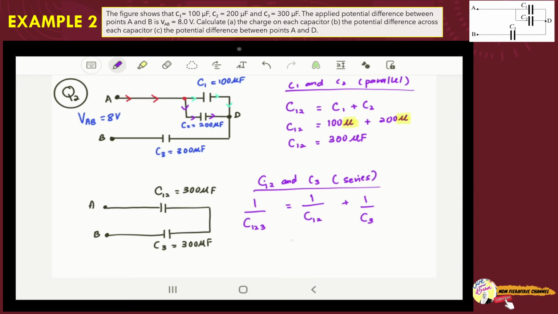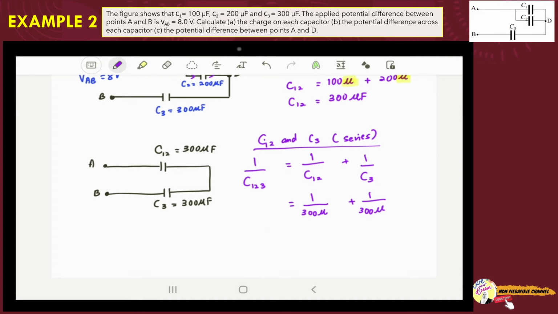So it's 1 over 300 micro plus 1 over 300 micro. Okay, so this is 1 over C123. Therefore, calculating C123 properly, C123 is 1.5 exponent -4 farad.